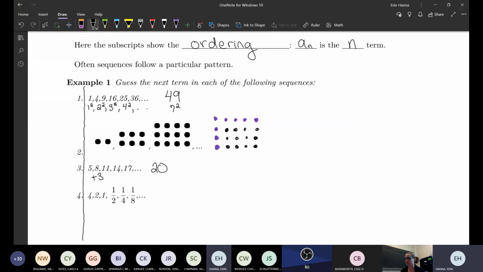So 4 divided by 2 is 2. 2 divided by 2 is 1. 1 divided by 2 is 1/2. 1/2 divided by 2 is 1/4, and so on and so forth. So it looks like our rule here might be that we're dividing each term by 2, or multiplying by 1/2 if you prefer thinking about it as multiplication. So if we think about what the next term could be, if it continues to follow that pattern, 1/8 divided by 2 or multiplied by 1/2 would give us 1/16.